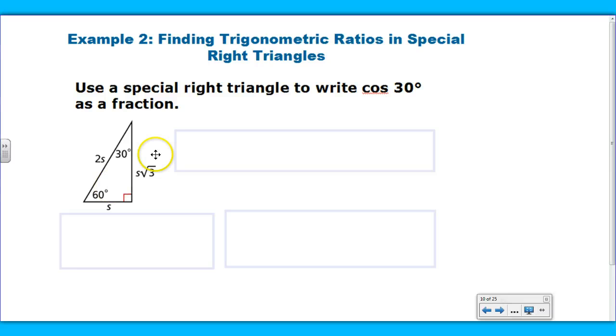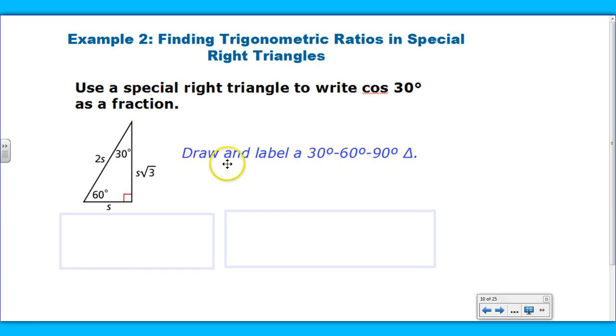So in a special right triangle, we will write the cosine of 30 degrees as a fraction. And again, we can draw the triangle that has, if it's a right triangle, obviously a right angle, and if it has a 30-degree angle, then the third angle would be 60 degrees. So this is our 30, 60, 90. And to find the cosine, CAH, right, adjacent over hypotenuse.